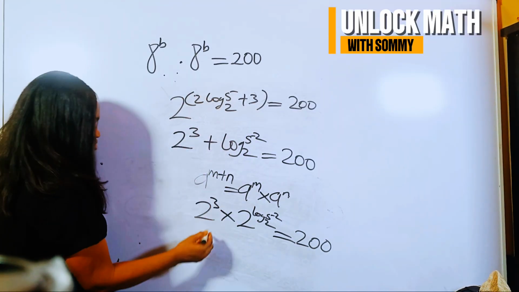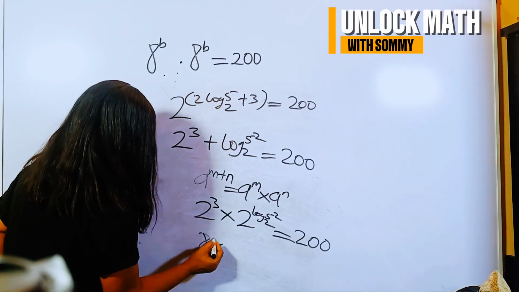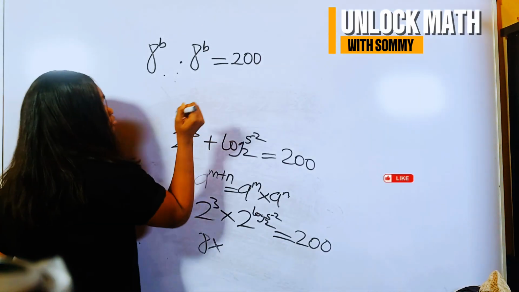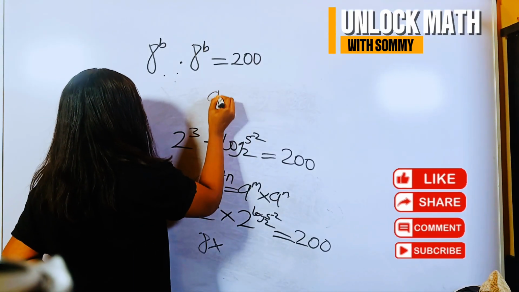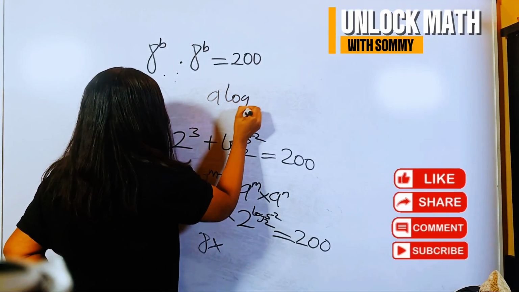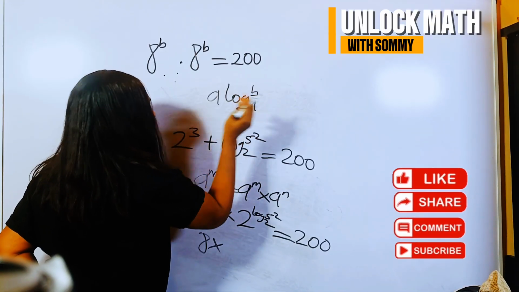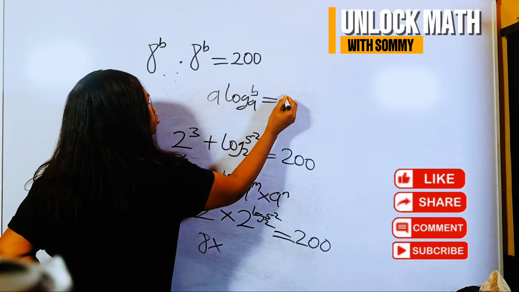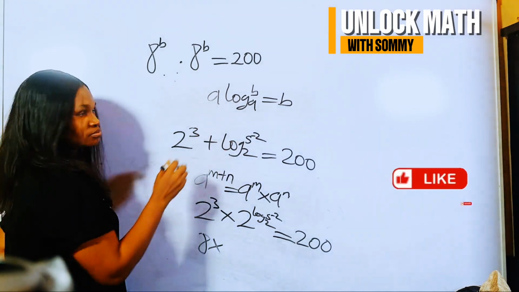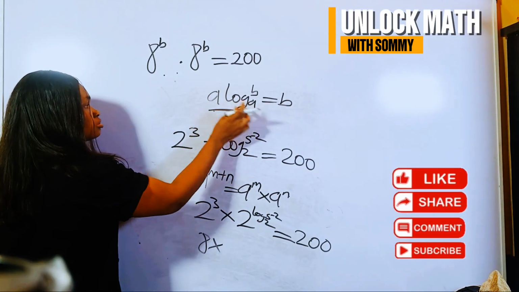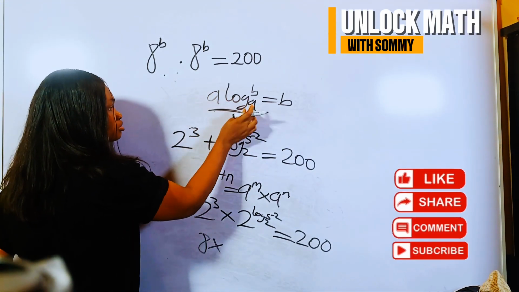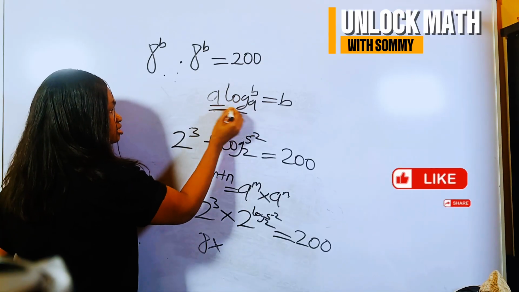2 raised to the power 3 is 8. Multiplies. Remember the law of indices that says a raised to the power log b base a is equal to b, because both the integers and the bases are the same.